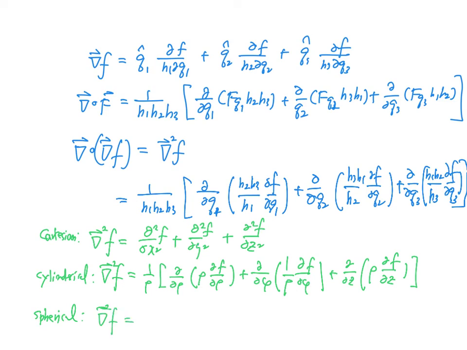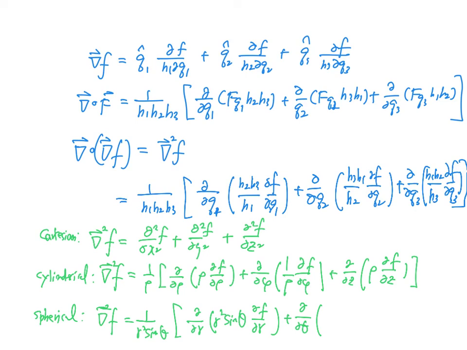And spherical coordinate. H1 H2 H3 is r squared sine theta, right? So that is 1 over r squared sine theta, partial r, H2 H3 is r squared sine theta, partial r partial F. Partial theta, partial, H2 is r, H1 is 1, H3 is r sine theta.